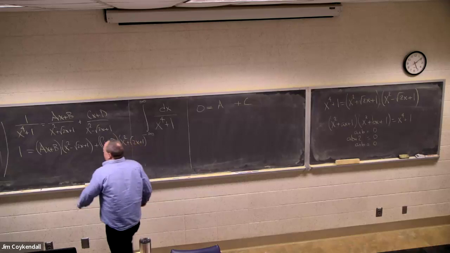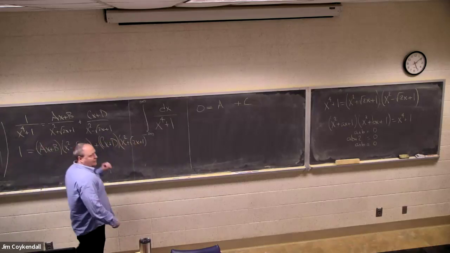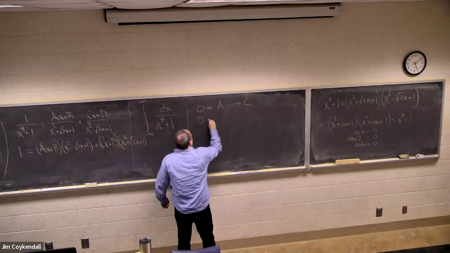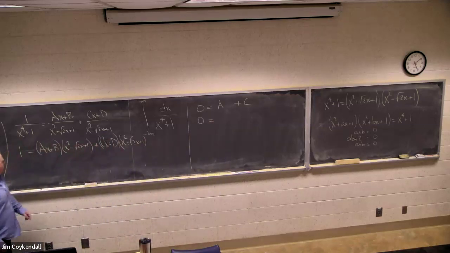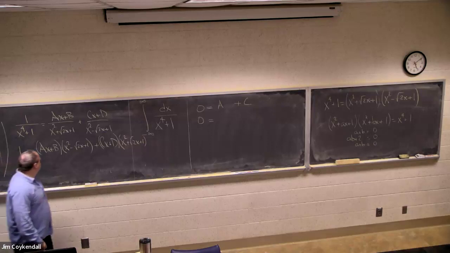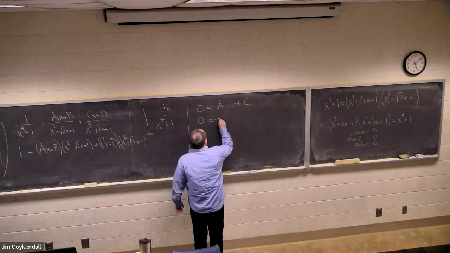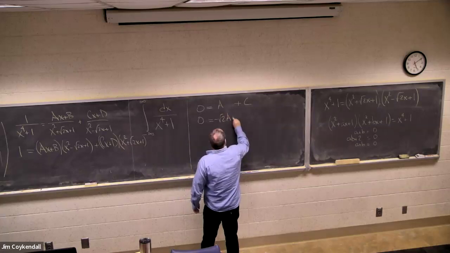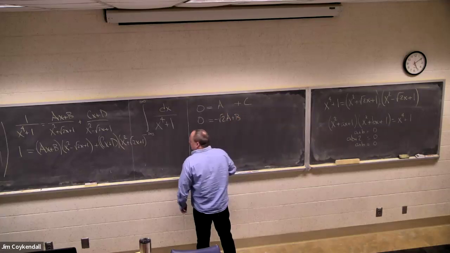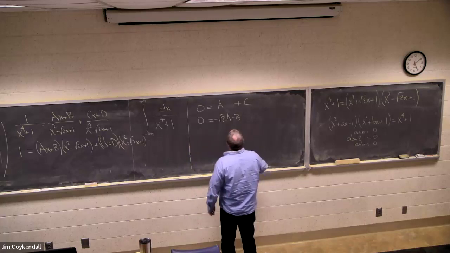Okay. The quadratic term on this side, 0. Quadratic term on this side, worse. Right? Minus radical 2a plus b, radical 2c plus d.